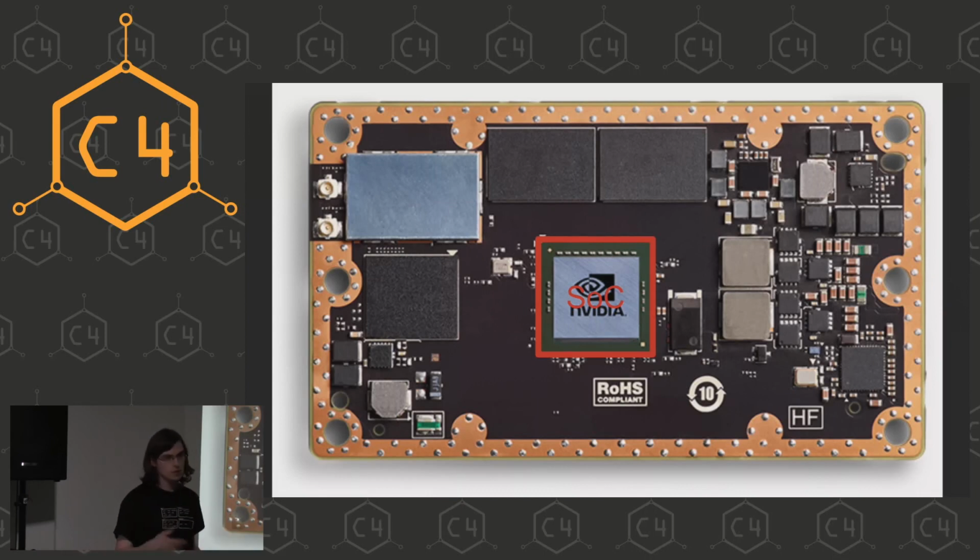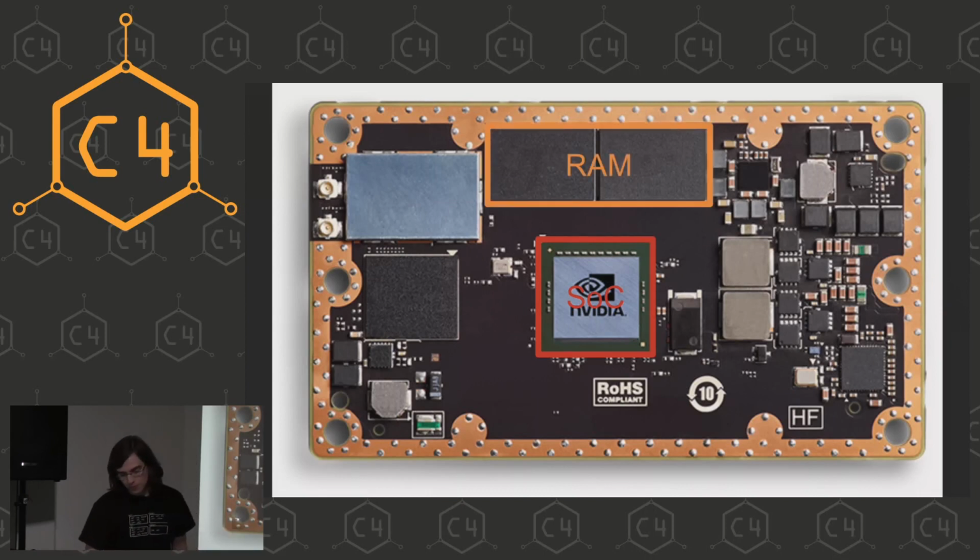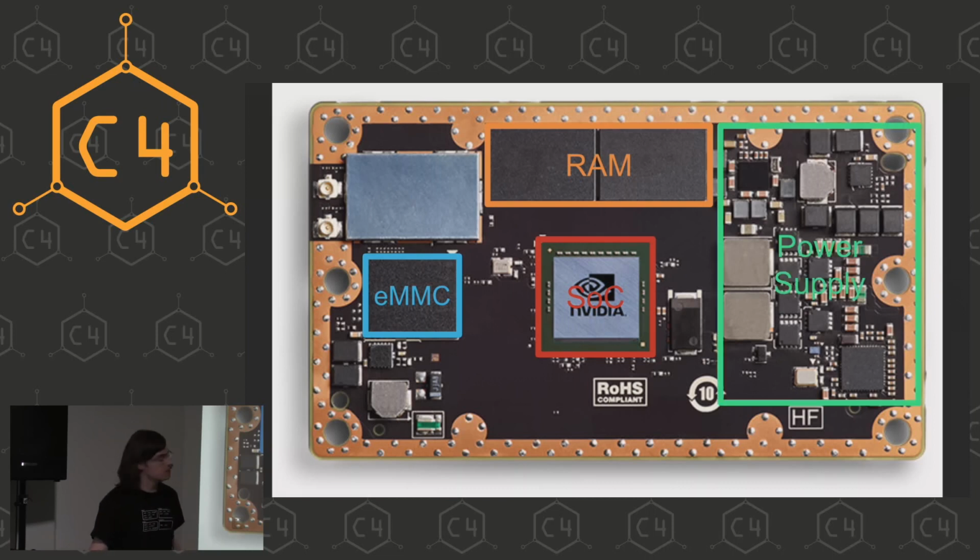That's the chip that you saw the block diagram of earlier. Some RAM. The eMMC, which is a fancy SD card, essentially on a chip, which is way faster than a normal SD card because it just has more pins, so a bigger bus, and some power supply stuff, and a Bluetooth and Wi-Fi chip.